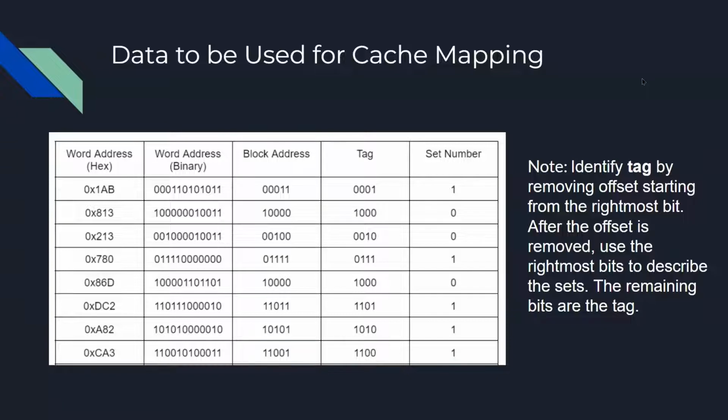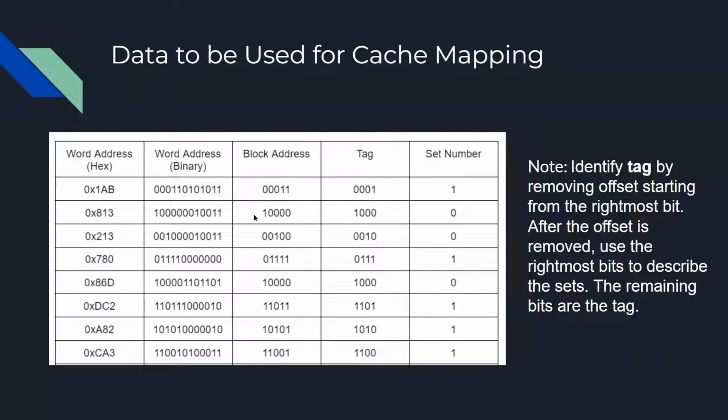The way you remove the offset is by starting at the rightmost bit and moving your way left. Like in the first one, you remove those 7 bits, so those numbers are all gone and you're just left with that 5-bit number.